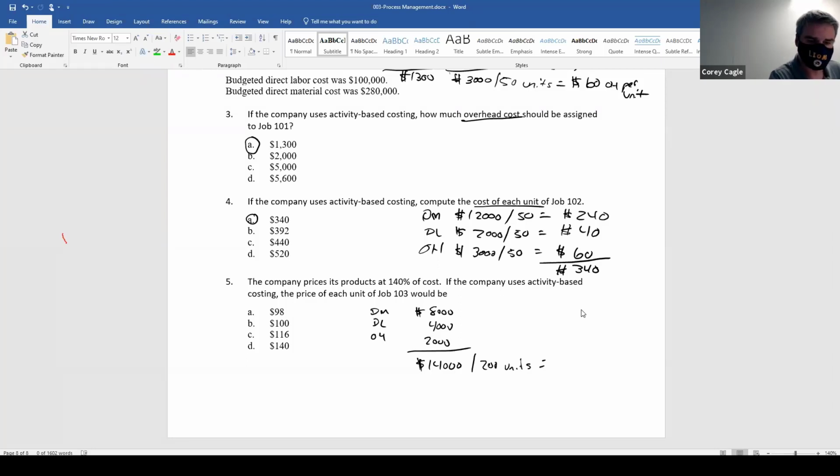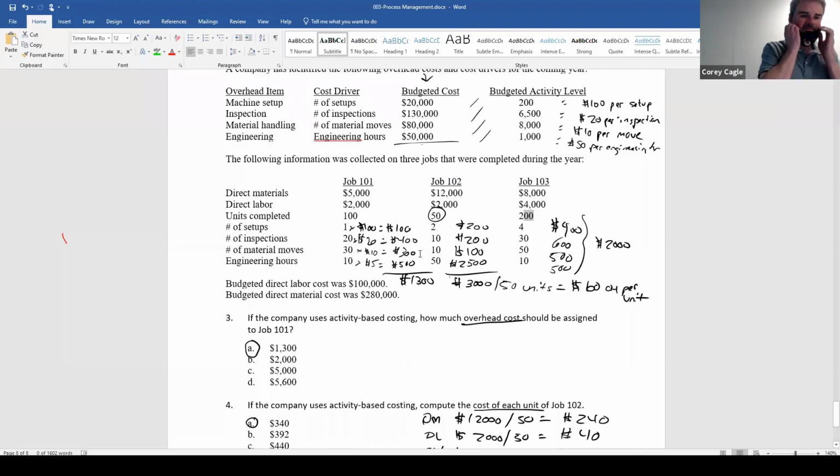That is a $70 cost per unit. We're pricing it at cost plus 40%, so multiply it by itself and another 40%, $98. All right. So there you go.